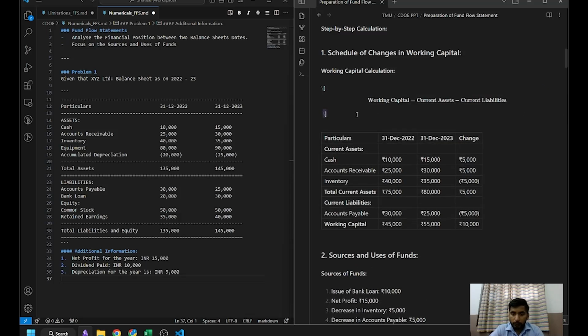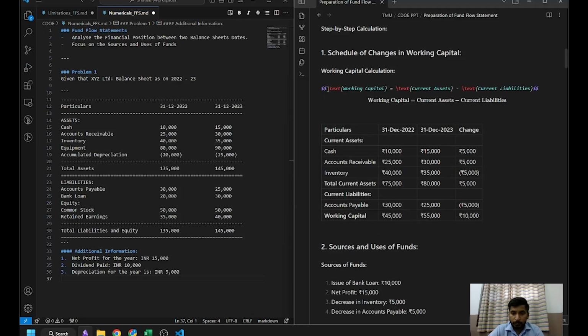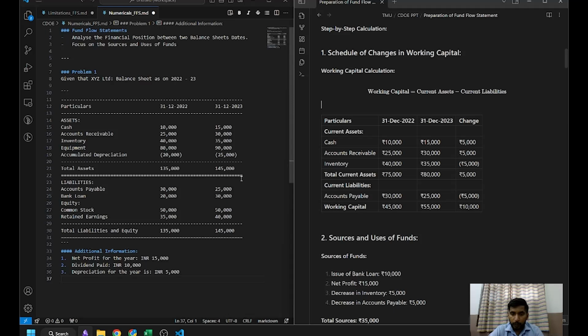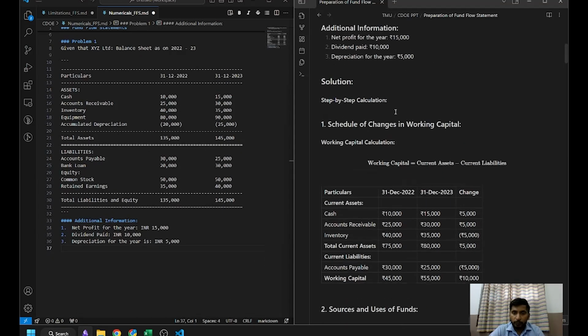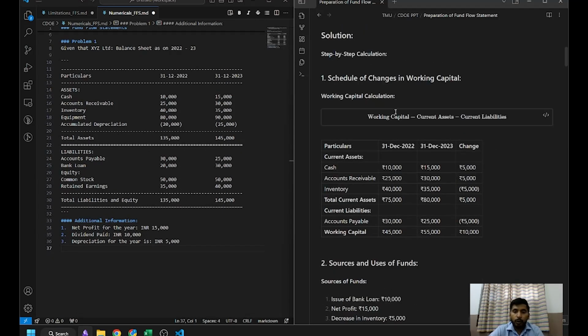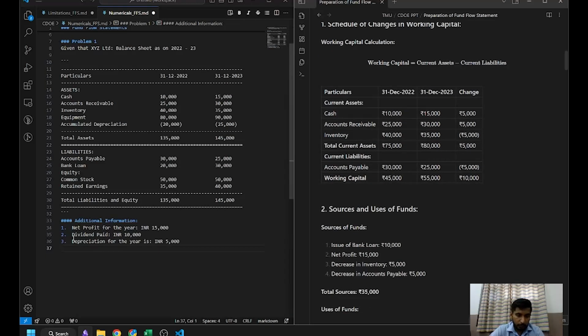Actually, working capital is the difference between the current assets and current liabilities. So here we will first make the schedule of changes in the working capital.